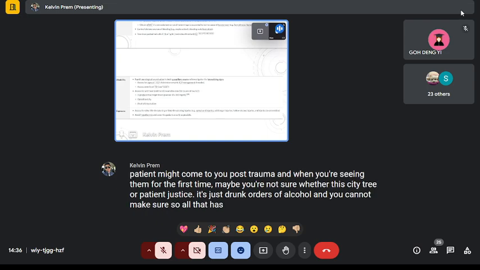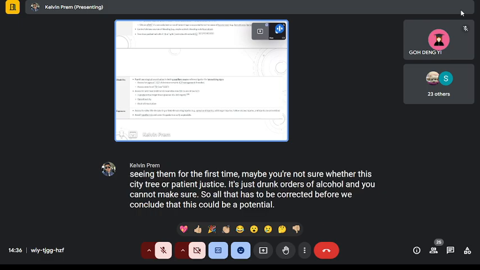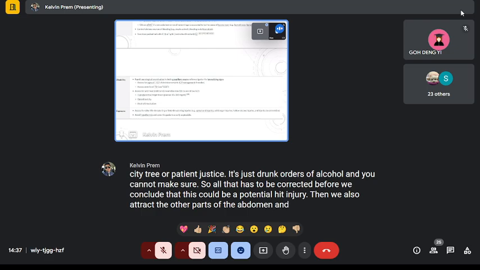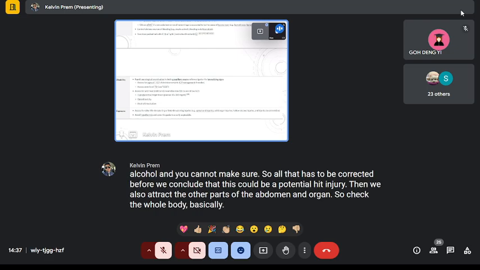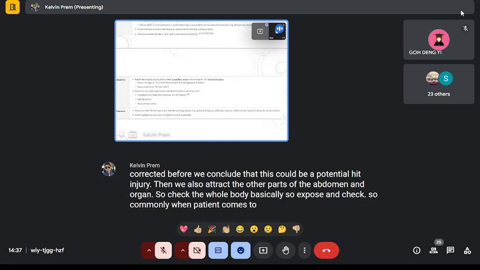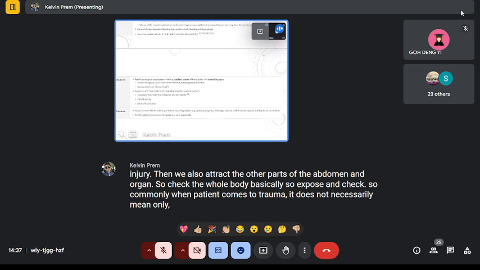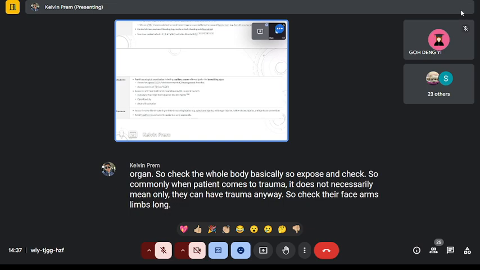All that has to be corrected before we conclude that this could be a potential head injury. Then we also check the other parts of the abdomen and organs. So we check the whole body basically. Expose and check. Commonly, when a patient comes with trauma, it does not necessarily mean only head injury. They can have trauma anywhere in the body. So we check their face, arms, limbs, long bone fractures, and so forth.